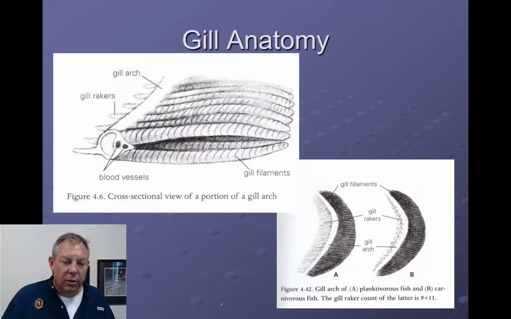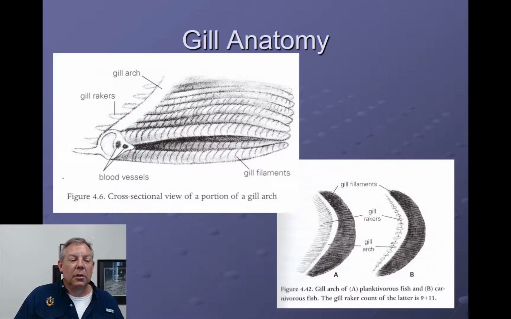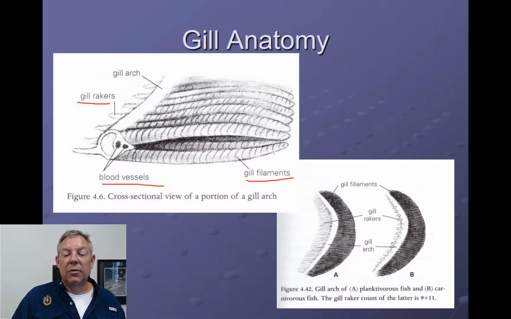Here's just another picture of some gills, again looking at the blood vessels that run through that gill arch, the rakers that point anterior, and the filaments that are posterior. Within the filaments, you can see the long flat part is the primary lamellae, and perpendicular to that are these secondary lamellae.